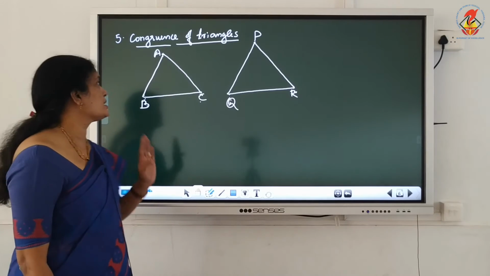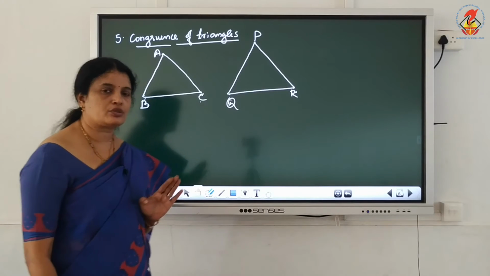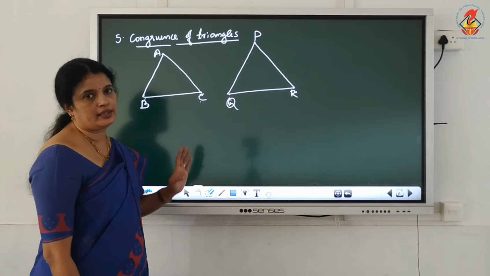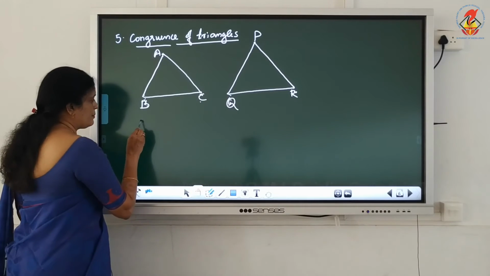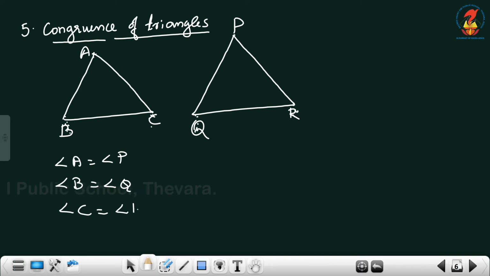Next we have to discuss the congruence of triangles. Triangle ABC and triangle PQR. The same thing, the superposition method. You trace a copy and keep it on the other. P falls on A, Q falls on B, R falls on C. That means angle A equals angle P, angle B equals angle Q, and angle C equals angle R. Next, side PQ falls along AB, that means AB equals PQ.